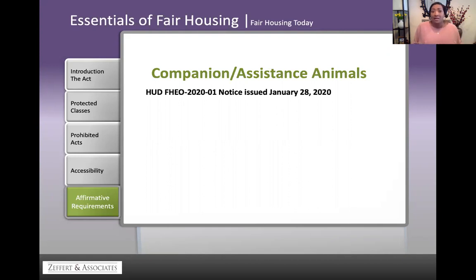How am I going to apply this at my property? Because we don't allow aggressive breeds such as pit bulls. But the regulations are telling me that I cannot impose any weight or breed restrictions to companion and assistance animals. So I recognize companion and assistance animals are not pets. They're for that disabled person to perform a service.